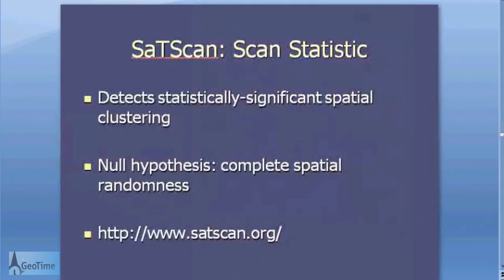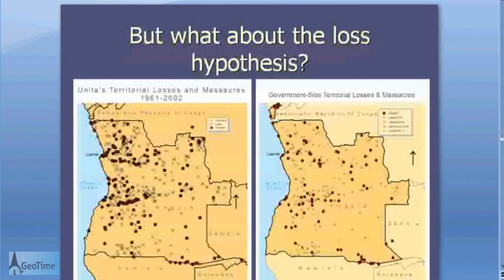I found that his SaTScan scan statistic, which is freely available online, was an interesting way of testing for either spatial clustering or spatial dispersion that is statistically significant above and beyond the null hypothesis of complete spatial randomness, just a monkey throwing darts at a board. Because sometimes our eyes detect patterns that aren't really there from a statistically significant perspective.